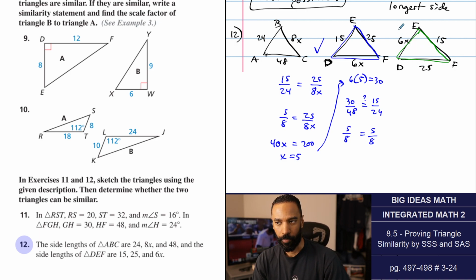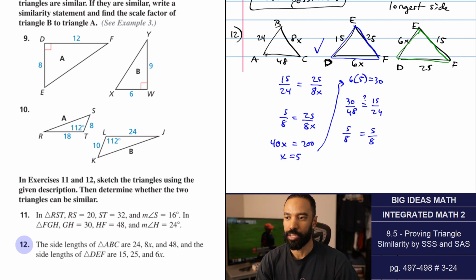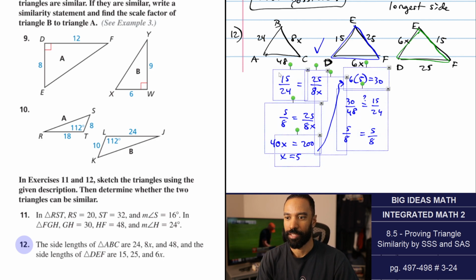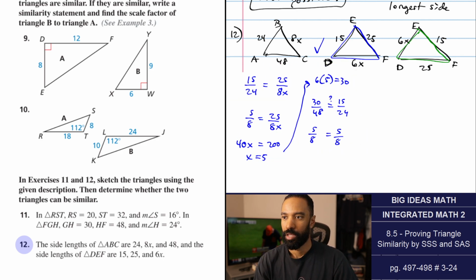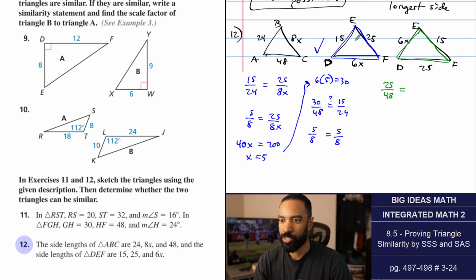Let's see if this other one works. Let's try the green and see if we can do the same kind of thing with the test. 25 to 48, which I do not believe can reduce. 25 over 48 equals 6x over 24.